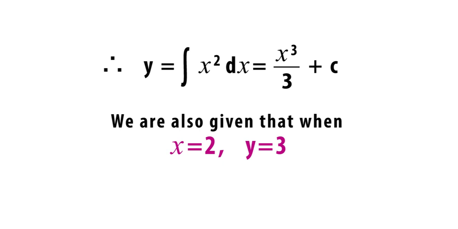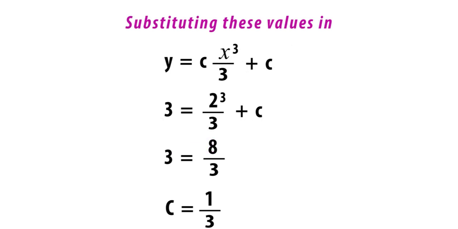We are also given that when x is equal to 2, y is equal to 3. That is from the point (2, 3). So we are going to substitute this in our solution. So we are putting the value of x and the value of y in place in the equation y is equal to x cubed divided by 3 plus c. That gives us 3 is equal to 2 cubed divided by 3 plus c.